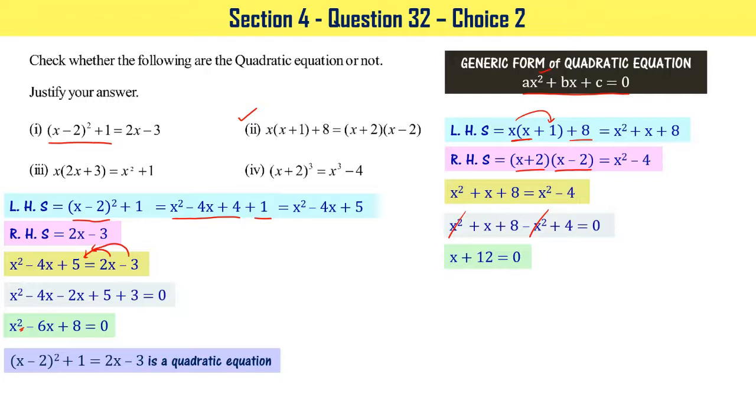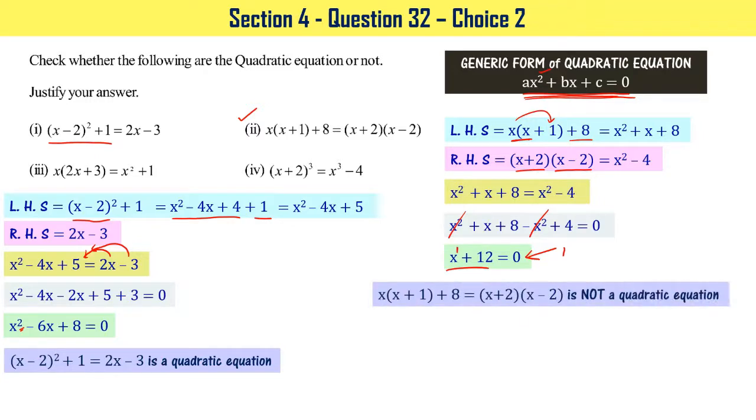If you compare this particular equation with the quadratic equation generic form, you don't have term containing x square, right? The degree of this particular equation is 1, right? Hence, it is not a quadratic equation. So let me write that x times (x plus 1) plus 8 equal to (x plus 2) times (x minus 2) is not a quadratic equation.